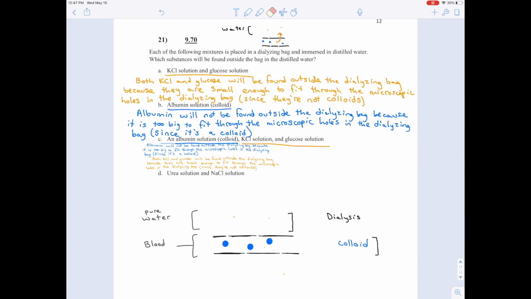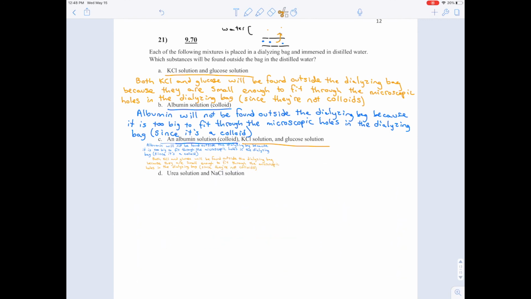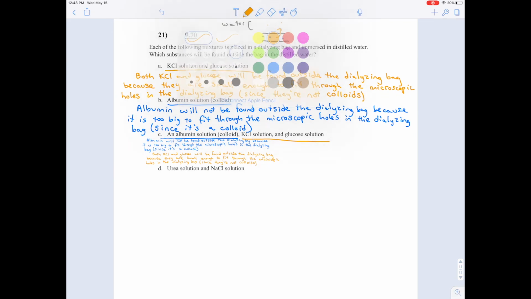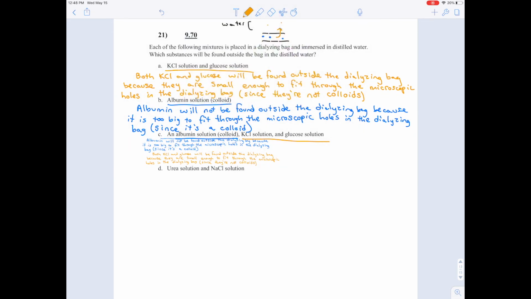All right, last but not least, we have D. D says a urea solution and an NaCl solution, but notice how they don't list either of those as a colloid, and so both of them are small enough to fit outside of the dialyzing bag.